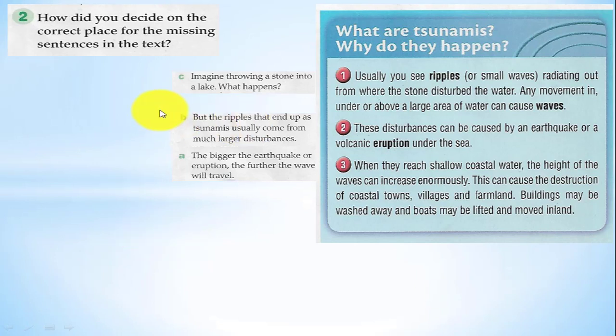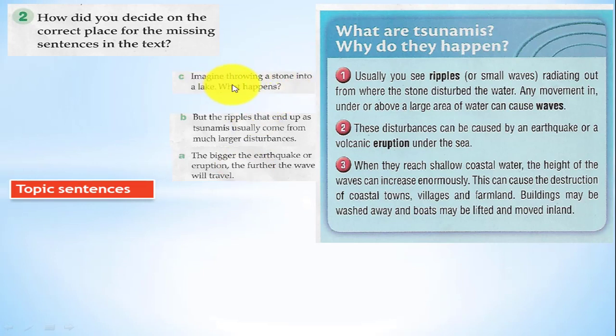Now the question here in exercise number 2: how did you decide on the correct place for the missing sentences in the text? That means, on which thing do you depend to match the sentences with the paragraphs? As I said earlier, all these sentences are what? Topic sentences. Great.